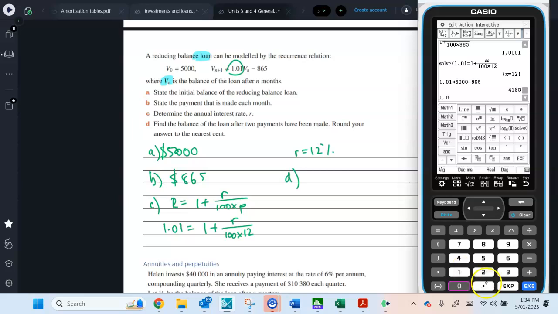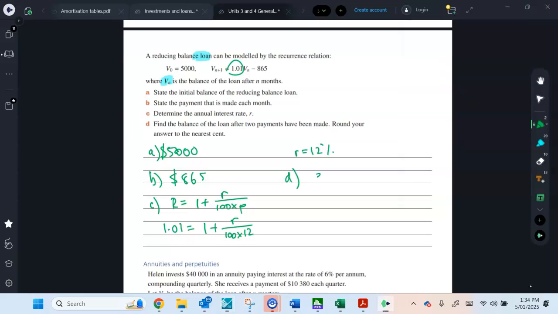So 1.01 times the previous amount, 4185, minus 865. So 3361.85. You could do that in Financial Solver, and here I'm just doing it on here because it's a short one to easily show you 2 payments. So 3361.85.